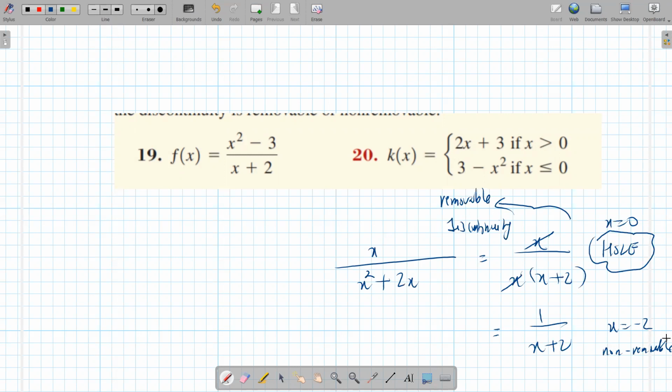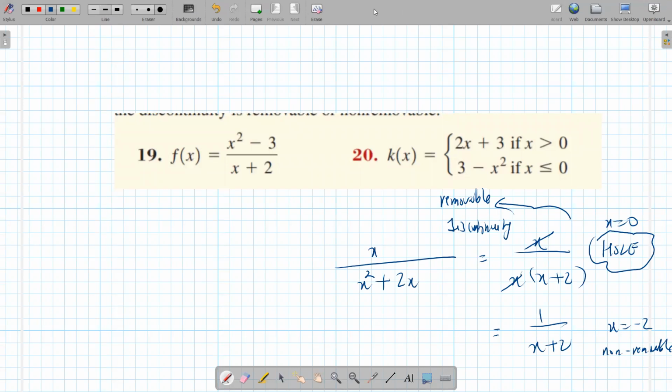And then x at -2, that would give you an asymptote, because it would give you a 0 in the denominator as well, right? Yes, and there's nothing to cancel that with. So that's going to be an asymptote, which means it's a non-removable discontinuity. So basically, whatever you're left with when you cancel them out is non-removable. Yes.